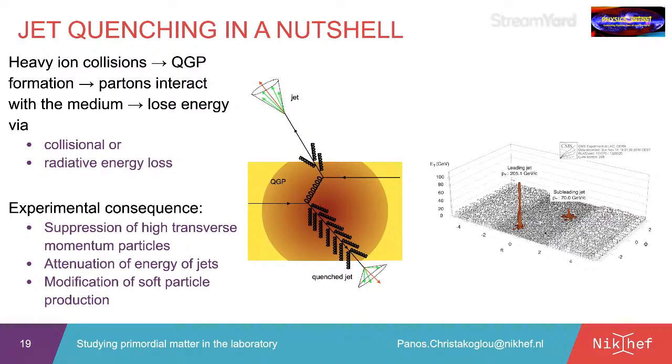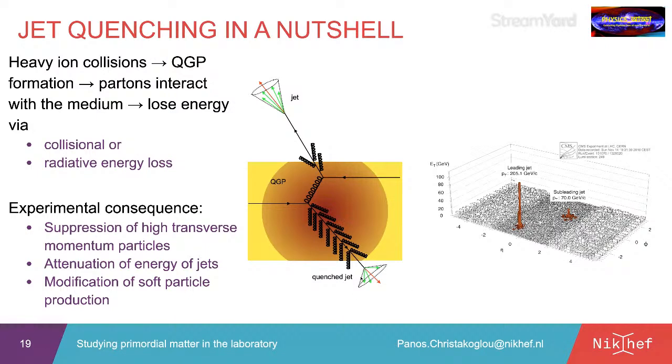Then you have these two peaks, which reflect the energy deposited in calorimeters by these two jets. So you have this jet, which is probably produced in the surface, which is reflected in this large tower with large value of transverse momentum, large energies.